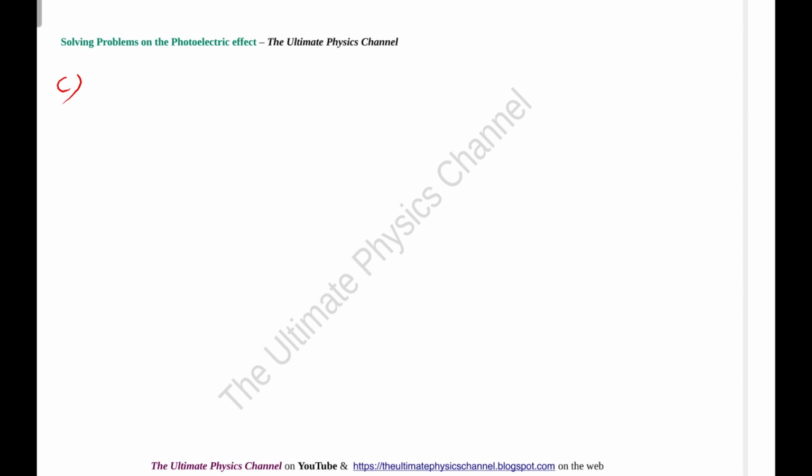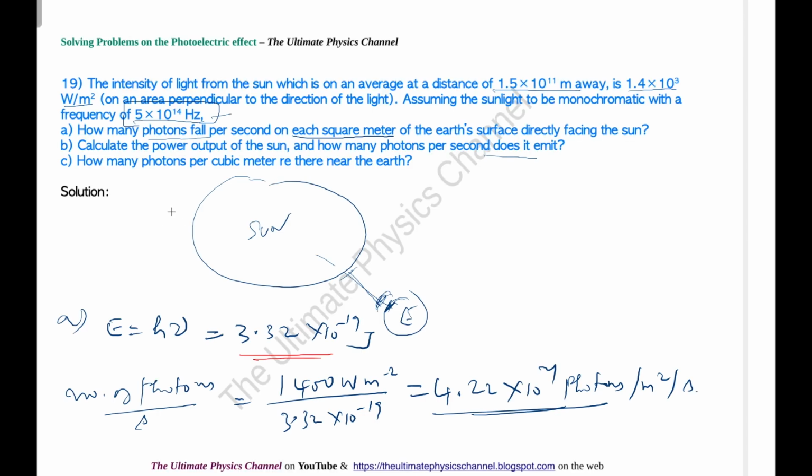What we have here is the number of photons that falls per second on each square meter. It is given for an area of Earth's surface directly facing the sun, and it is 4.22 into 10 power 21 photons. That's what we calculated in part A of this problem.